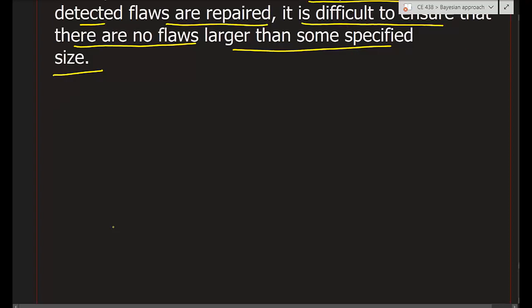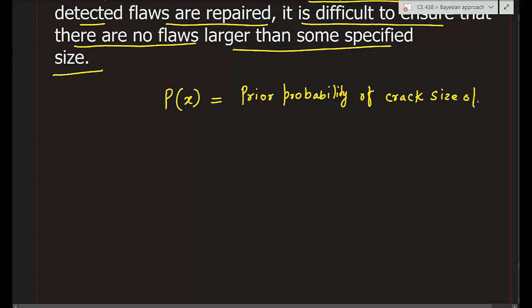Now let us use Bayesian methodology. Let's say this P(x) denotes the prior probability of crack size or flaw length of x. This can be inch, meter, whatever the unit we have.